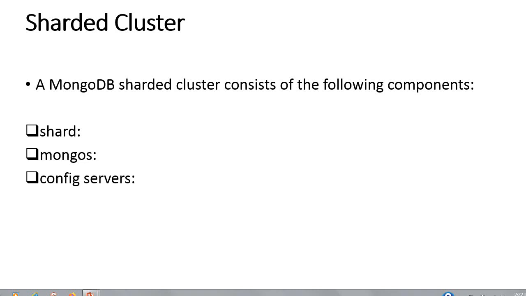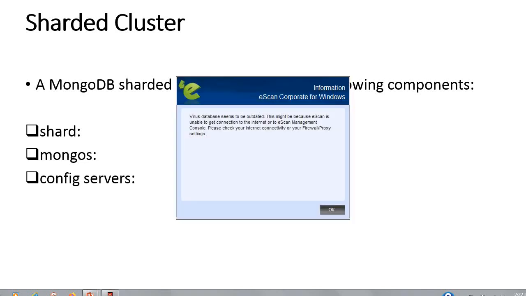A sharded collection can have only one shard key. To shard a non-empty collection, the collection must have an index that starts with the shard key. The choice of the shard key affects the performance, efficiency, and scalability of a sharded cluster. So you must go through all the details of the shard key.